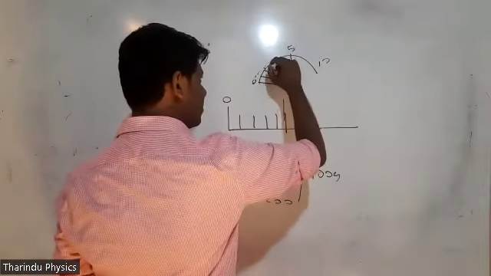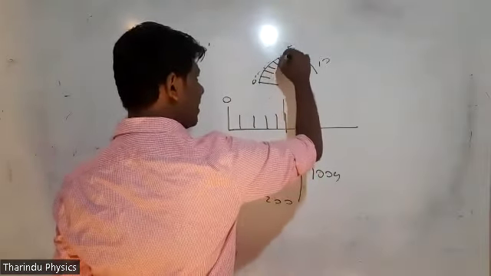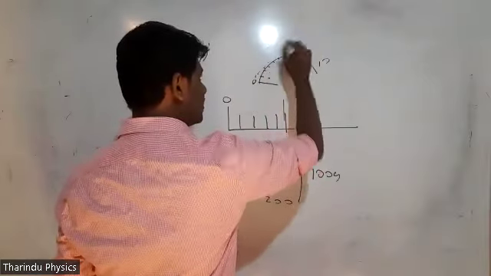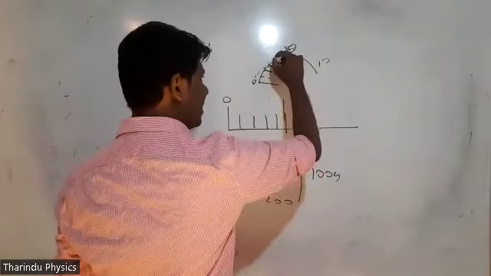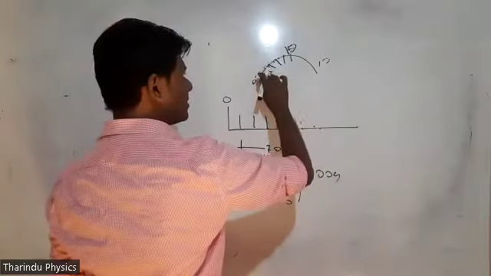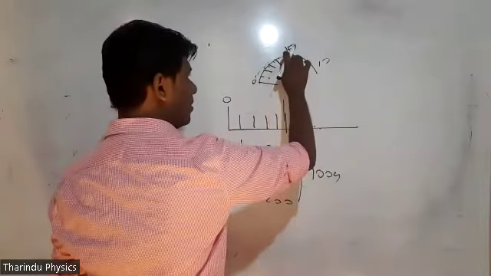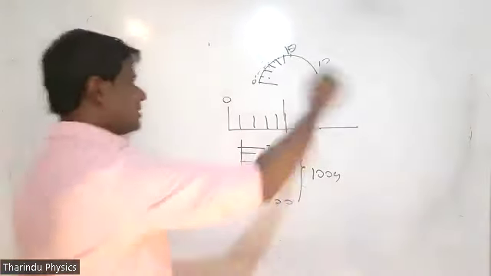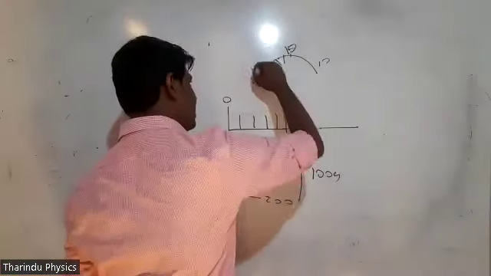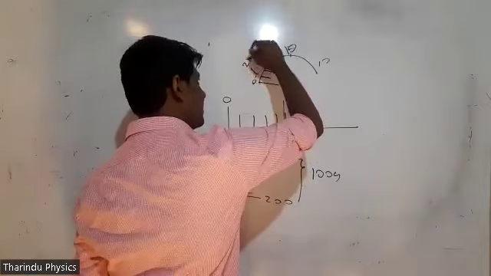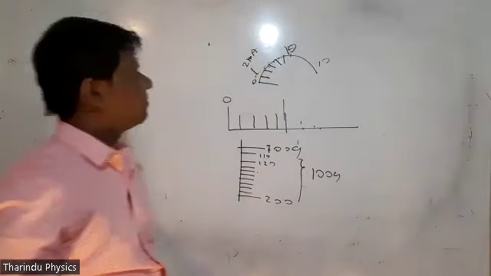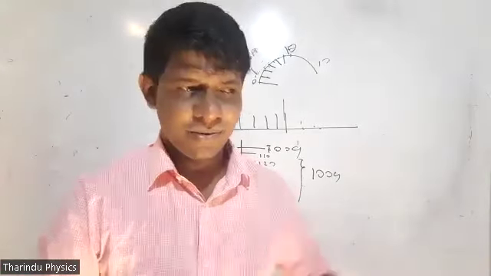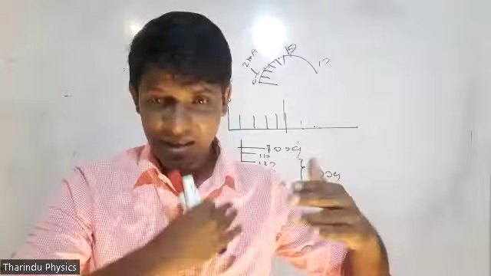Imagine only 5 divisions are there between them: 1, 2, 3, 4, and 5. That means each line separation is 2 milliampere, so the least count is 2 milliampere. You have to understand that according to the reading.